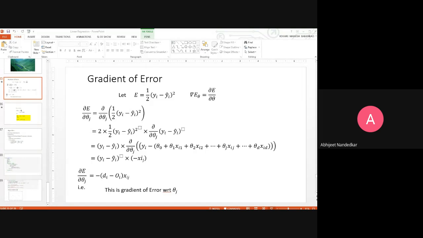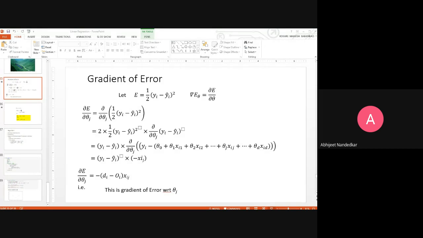To do that we require x0, which is not present, so we write x0 as always 1, so that this will be just theta 0. There is no harm in doing this. So if I do this, then my matrix looks like this.